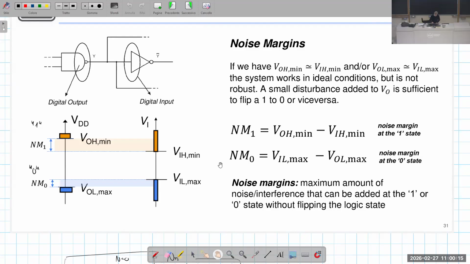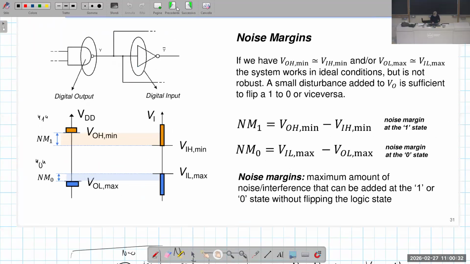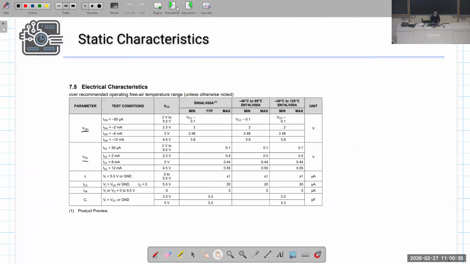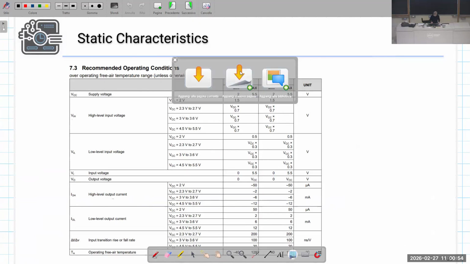Okay. Maybe let's try to apply this to a practical case. Let's go back to our data sheet. Suppose that we have gates of this family. Let me pick this one and copy to the other.